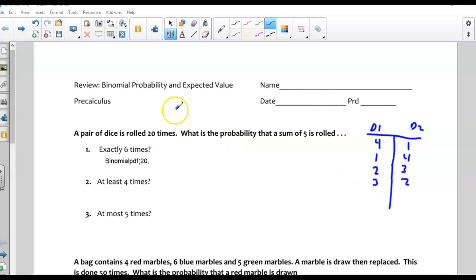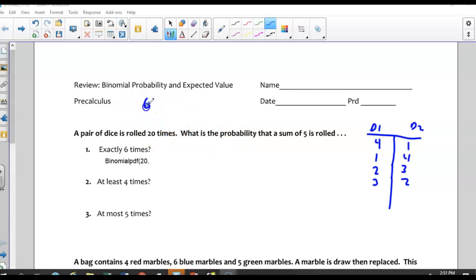We also have to remember that there are 2 dice. So I have 6 possible outcomes on dice 1 and 6 possible outcomes on dice 2, which gives me 36 possible combinations with a pair of dice. So rolling a 5 is 4 out of 36, which we can reduce if we divide both by 4, that's 1/9.